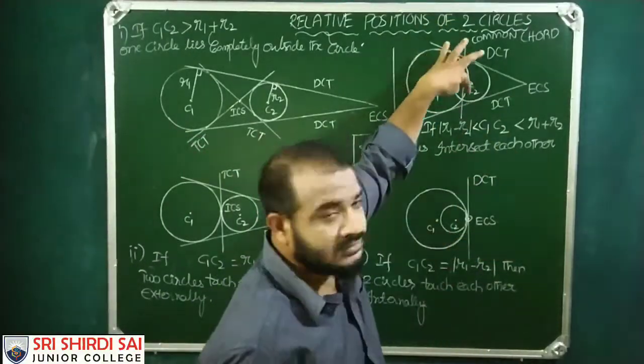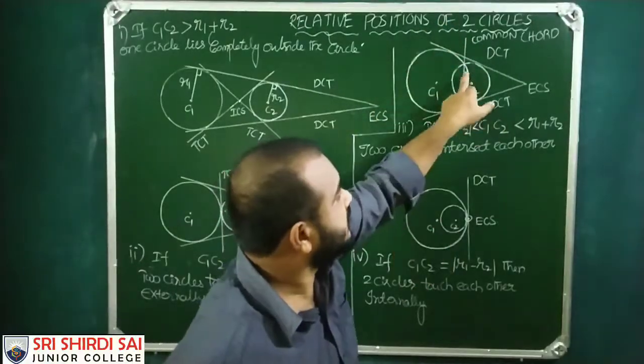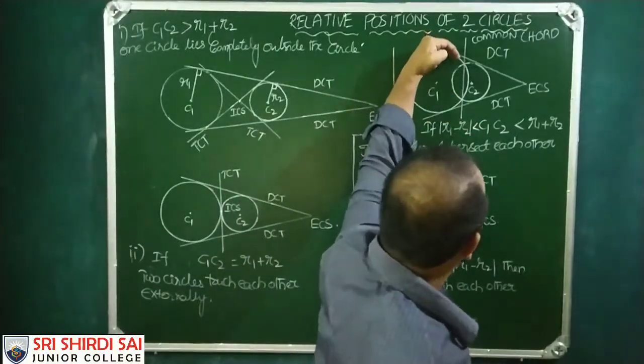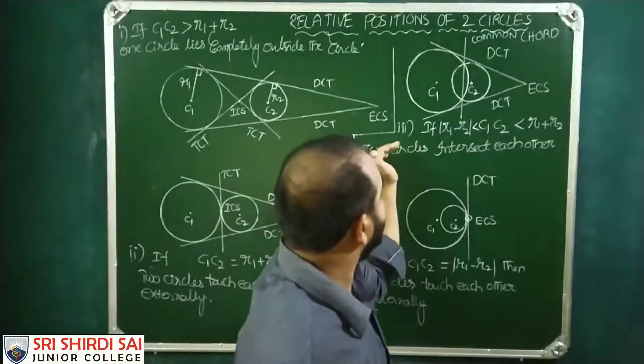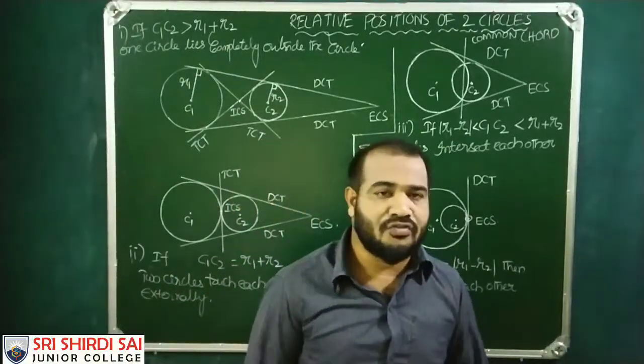This line is called the common chord, common to both circles. Therefore this is one direct common tangent and this is another direct common tangent. Here no transverse common tangent is possible.